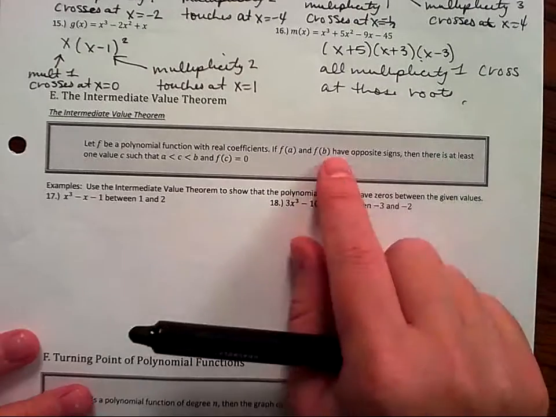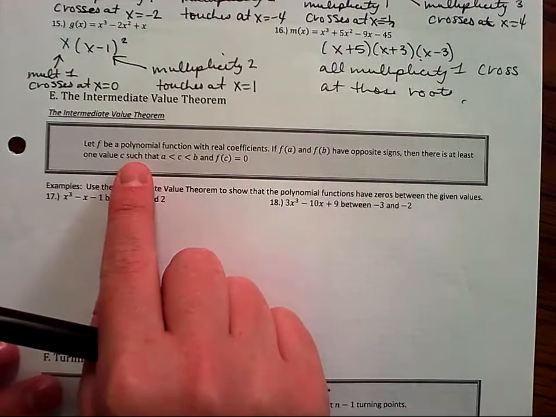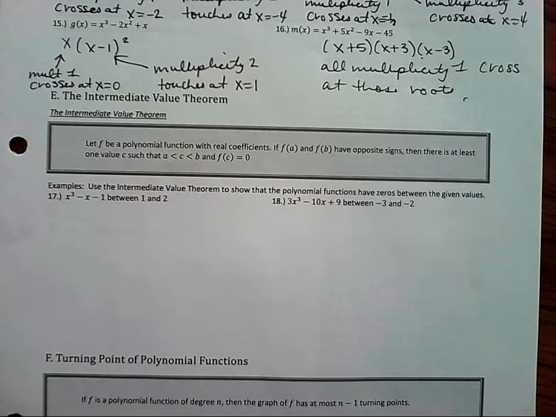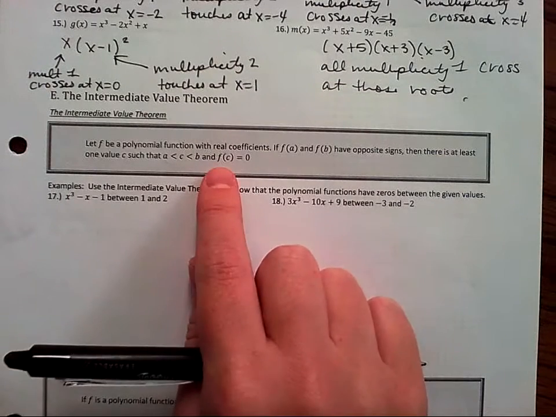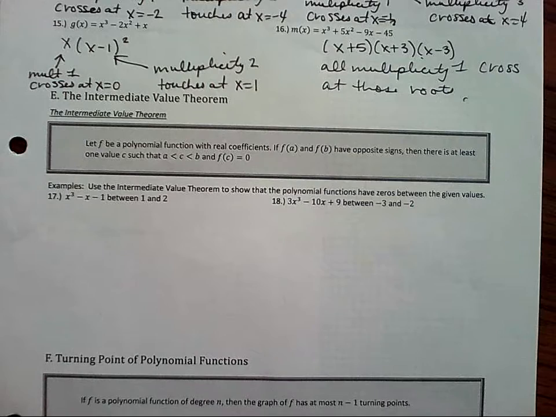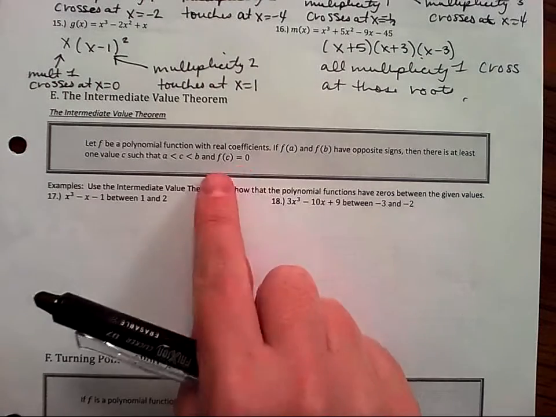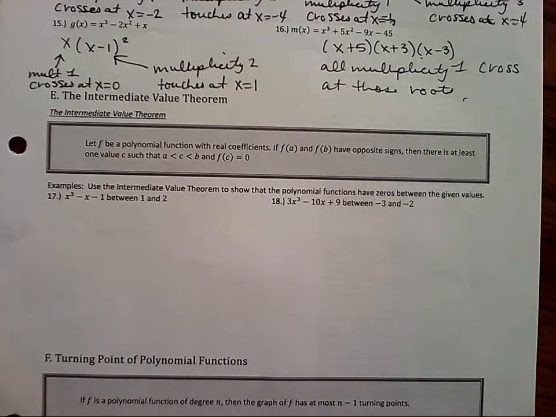Then there is at least one value c between a and b, between your two x values, where your y values have opposite signs, such that f of c equals 0. Does that make sense? So f of c equals 0 means it crosses the x-axis. It means it's a root.